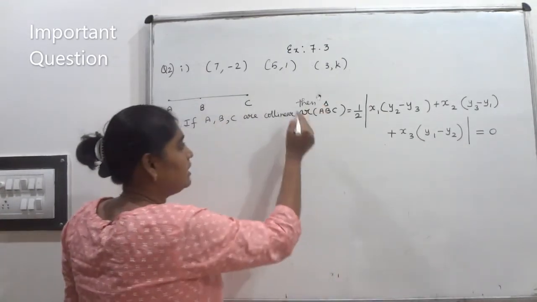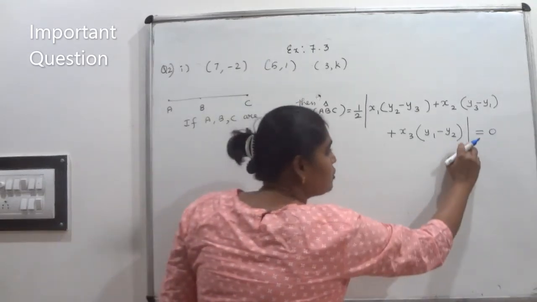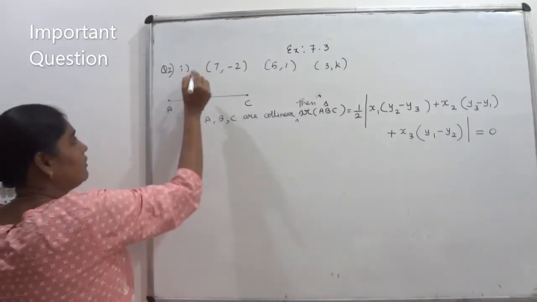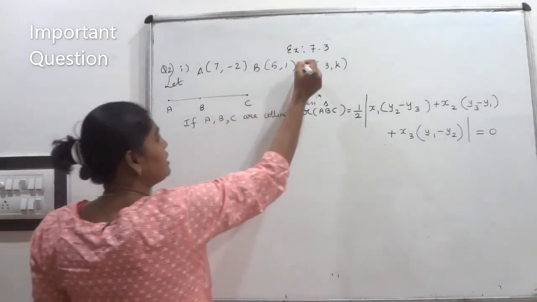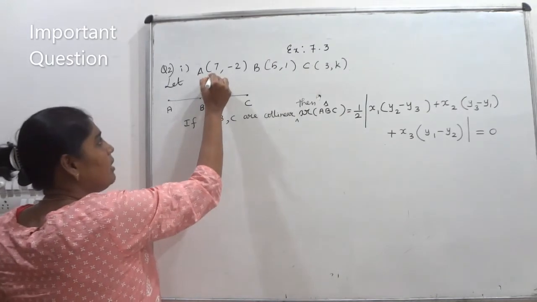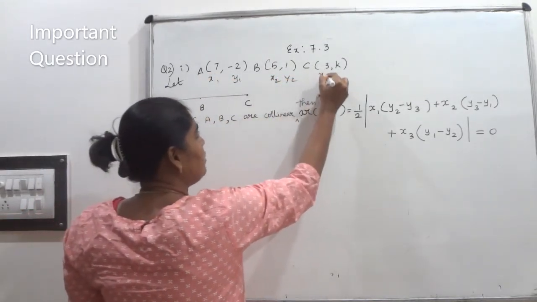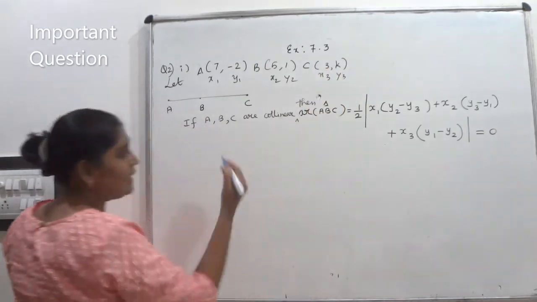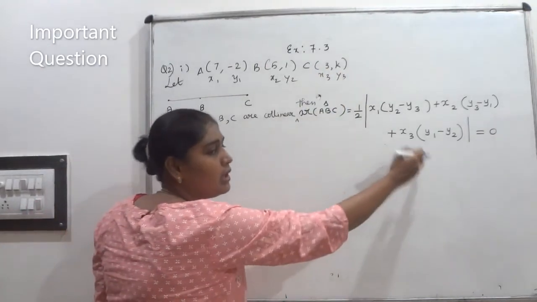First write: let the first point be A, the second point B and the third point C. Mark x1, y1, x2, y2 and x3, y3. Then apply it in the formula.